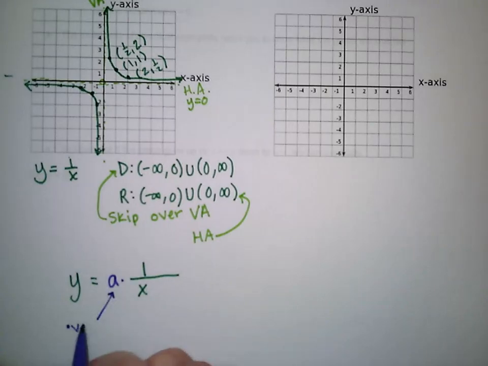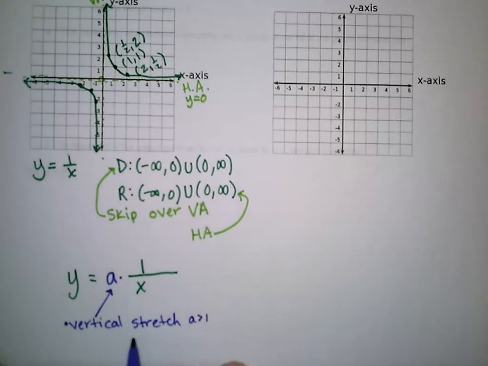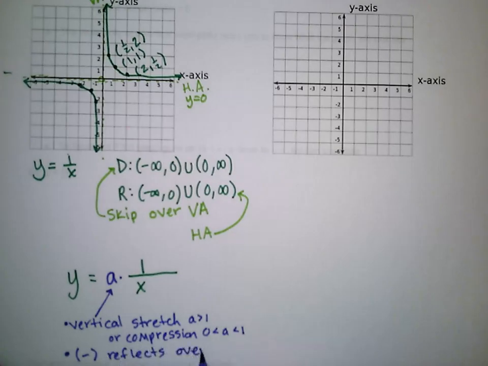So that will be a vertical stretch or compression. It's a stretch if that number is bigger than 1. It's a compression if that number is between 0 and 1. Remember, if that number is negative, that is going to be reflection over the x-axis.